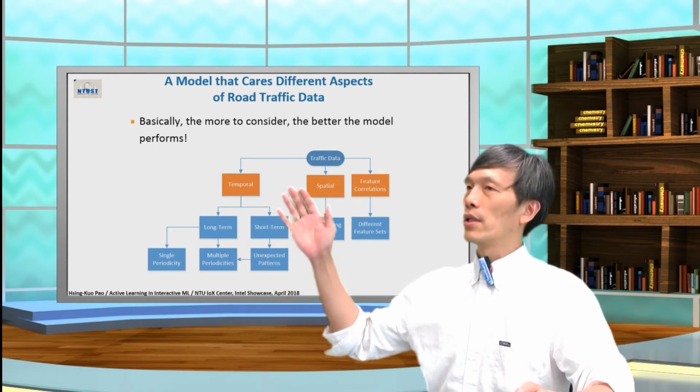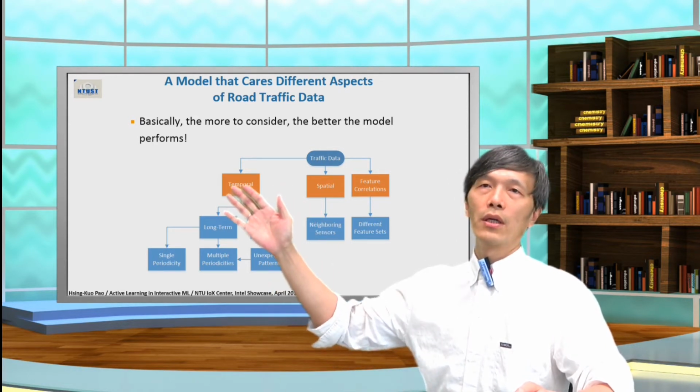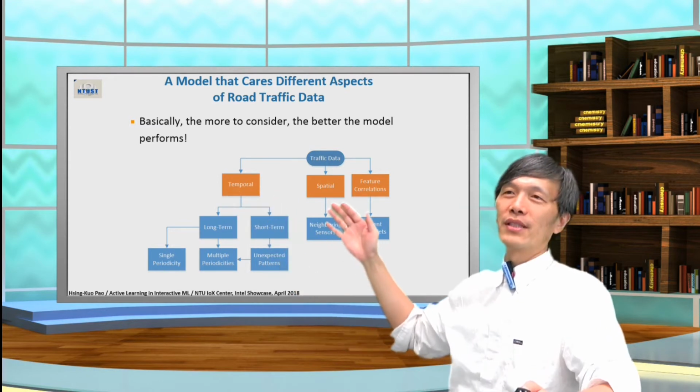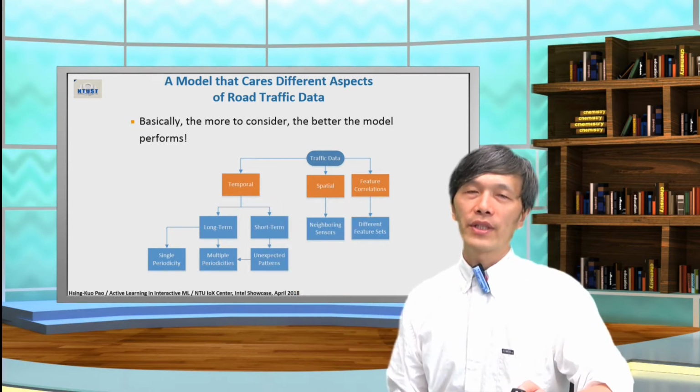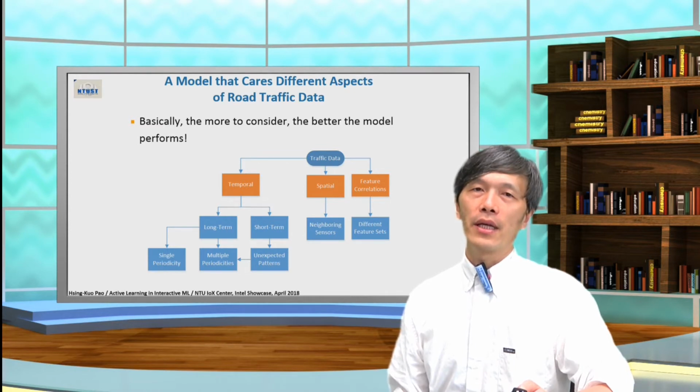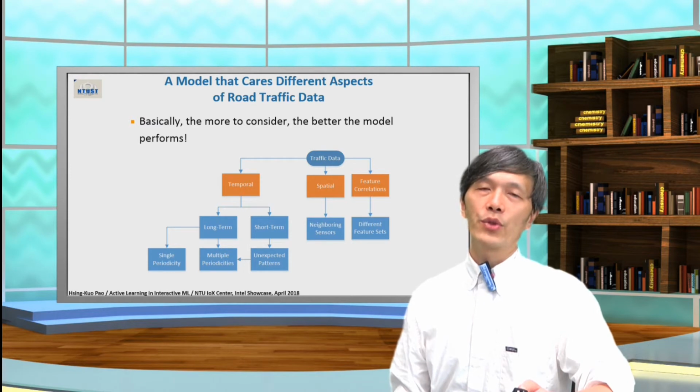Also, we talk about several features, such as for the traffic data, we have traffic speed, occupancy, and flow. Those different features may interact with each other. What we mean by that is that they will have some correlation, and if we consider those correlations, then the prediction will be better.